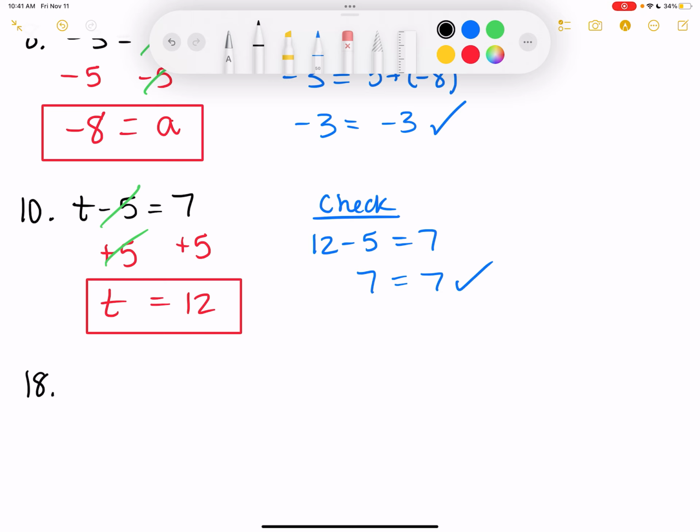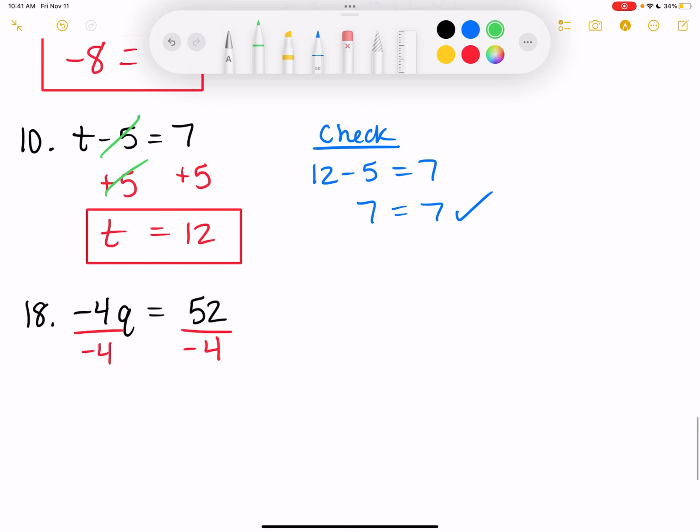So number 18, I've got -4 times Q equals 52. So what do I do with this? Yep, divide -4 on both sides. -4's both cancel, so that leaves you with Q equals 52 divided by -4. 16.